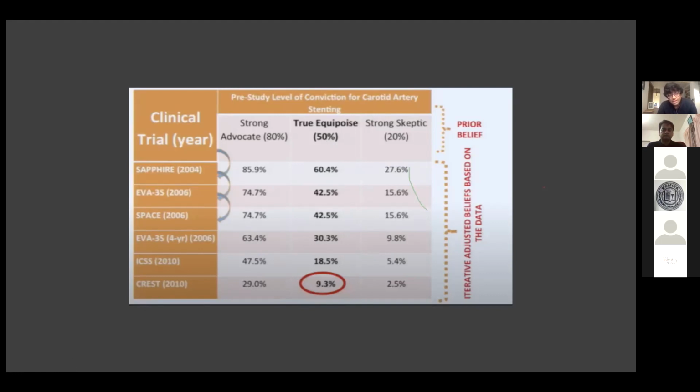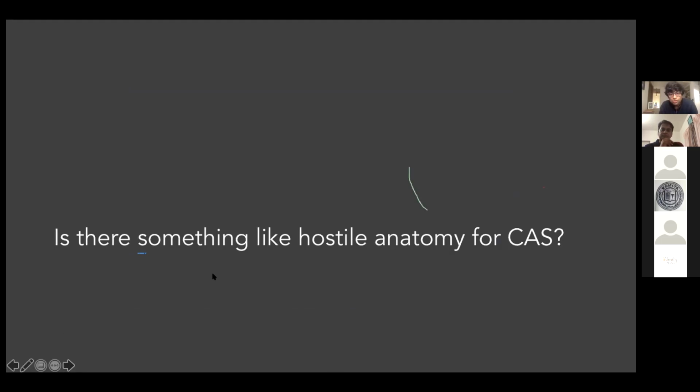It's very strange, but that kind of trial would have to enroll roughly 4,000 individuals in each arm and get results in favor of carotid artery stenting for your confidence to go up from 9.3% to 50%. So clearly, you know my bias. I'm not in favor of carotid artery stenting, and I completely subscribe to Professor Unnikrishnan's view on carotid endarterectomy. But having said that, we will now move on to other things.